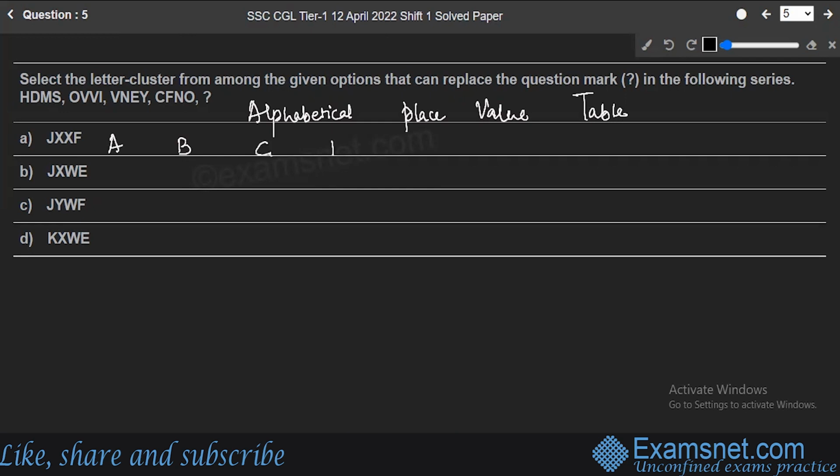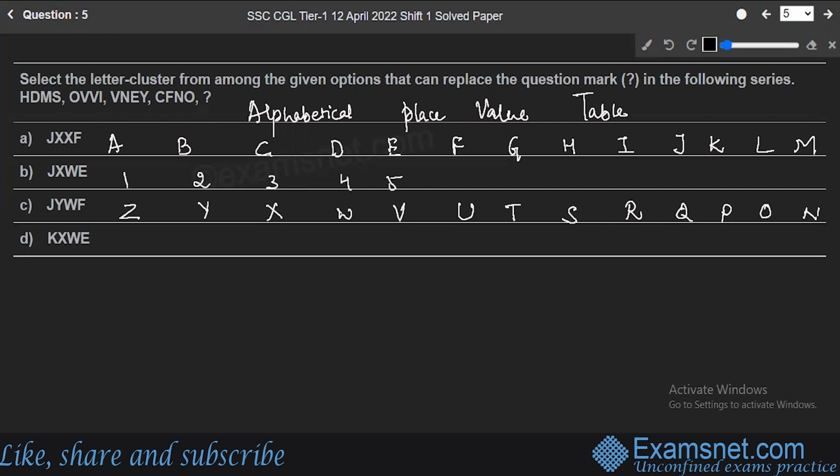So this is A, B, C, D, E, F, G, H, I, J, K, L, M, N, O, P, Q, R, S, T, U, V, W, X, Y, and Z. This is 1, 2, 3, 4, 5, 6, 7, 8, 9, 10, 11, 12, 13, 14, 15, 16, 17, 18, 19, 20, 21, 22, 23, 24, 25, and 26.